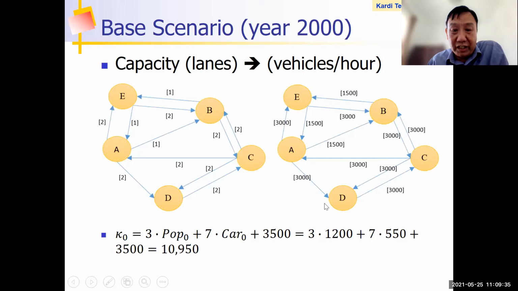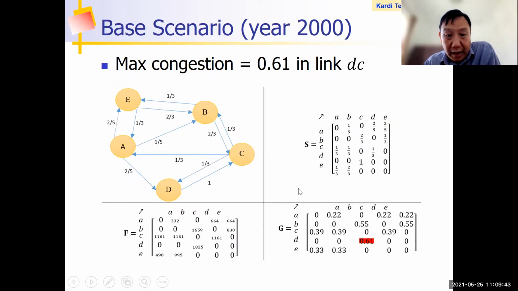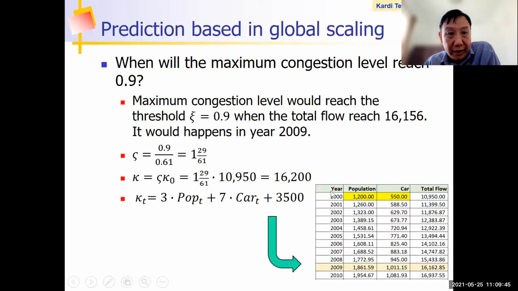You see here, the base scenario is year 2000, and after I compute, based on the global scaling, I will know which link will reach the maximum congestion and in what year. So in that case, I can estimate space and time using IFN.